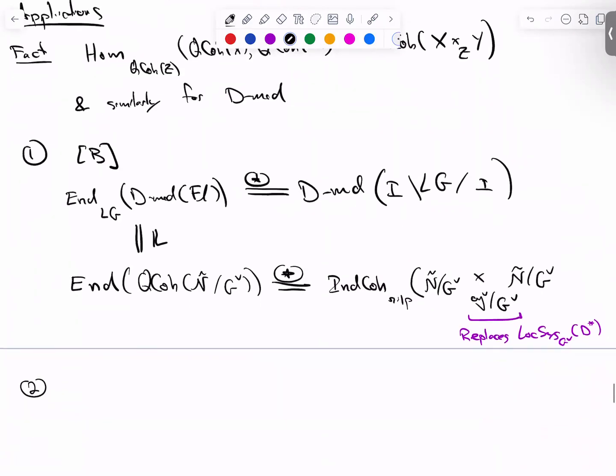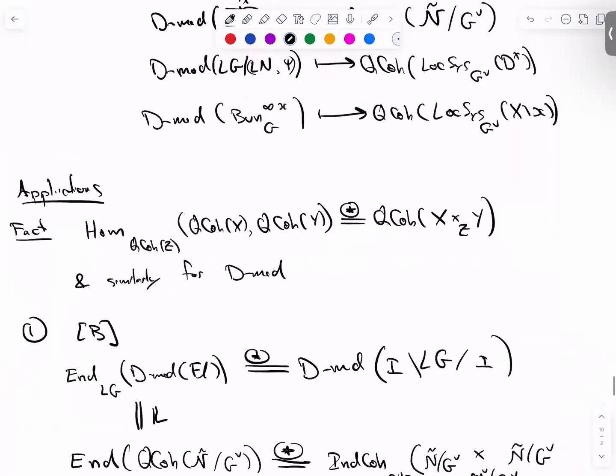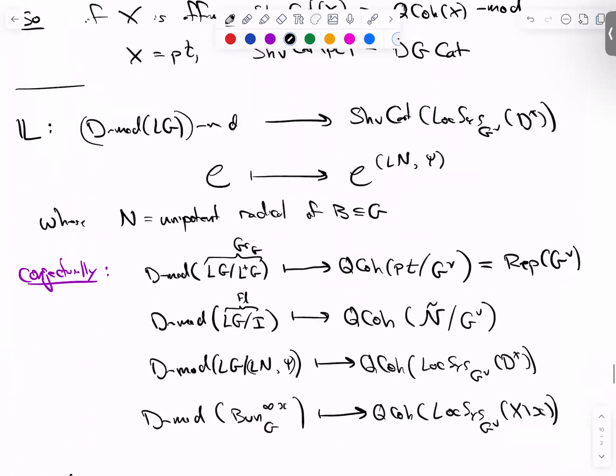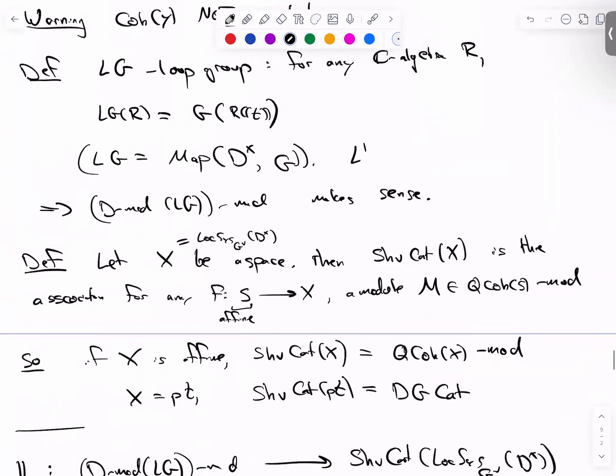And this now will be D-mod of loops G mod positive loops G mod positive loops G. So L plus G is maps from the full disk.